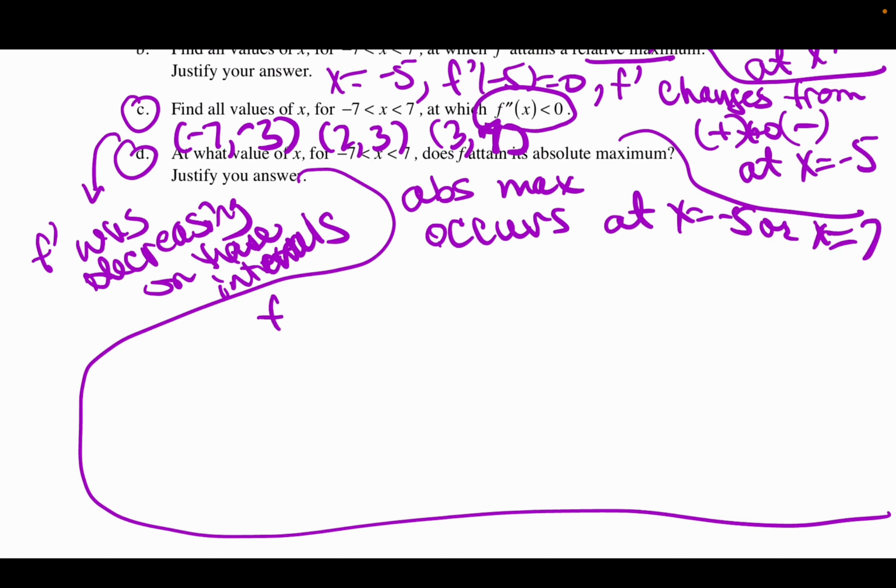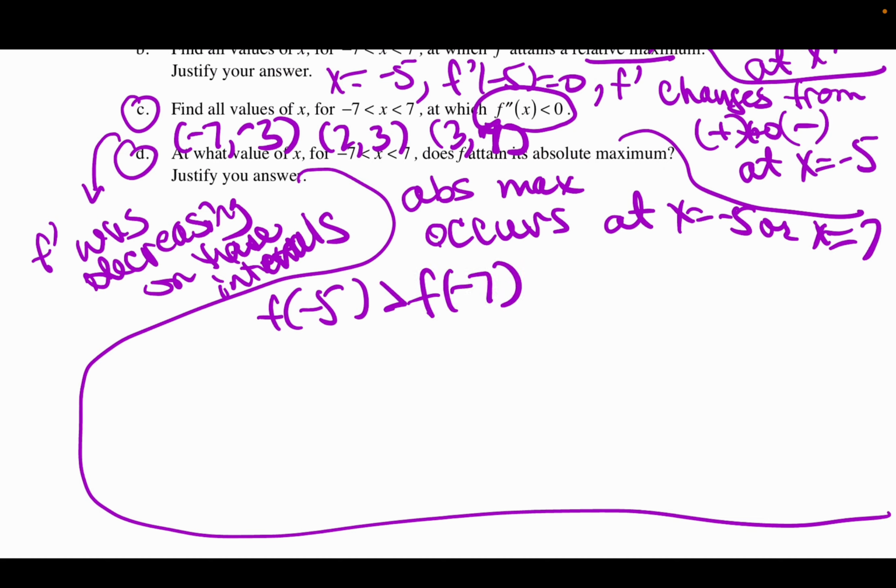But I know that f of -5, I'm sorry, I was just looking at what I said. It could occur at the endpoints, but now I'm thinking about what I wrote. I actually had ruled out -7.